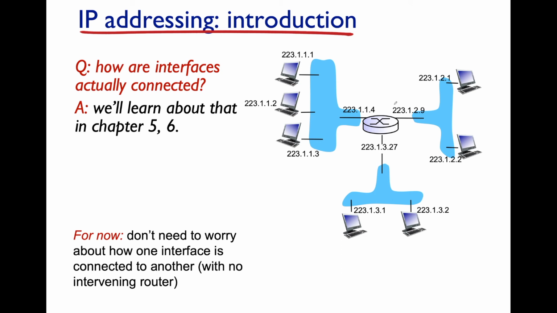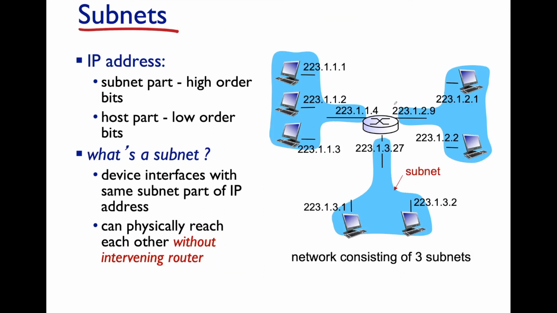And so for now, you don't have to worry about how interfaces are connected to one another, but you can think of what happens when you disconnect the router. You have these so-called islands of connectivity. And so the so-called subnet part of your IP address is represented as the high order bits, and the host part is represented as the low order bits.